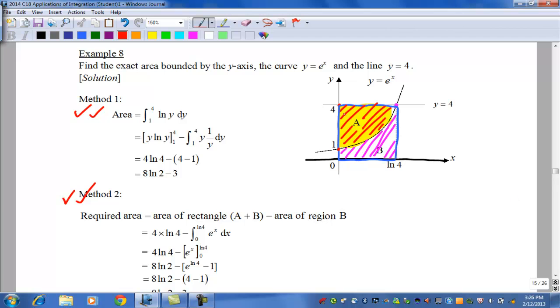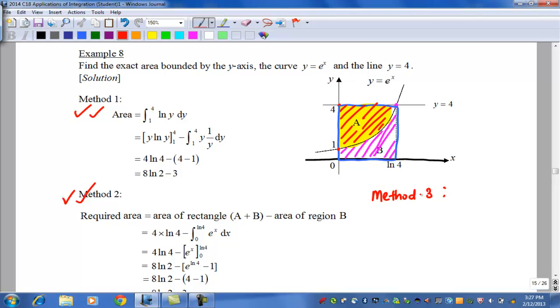To find this area A, shaded in yellow, we treat this line y equals 4 as the upper curve, and this curve y equals e to the power of x as the lower curve. Based on your O-level knowledge, let's call this method 3.